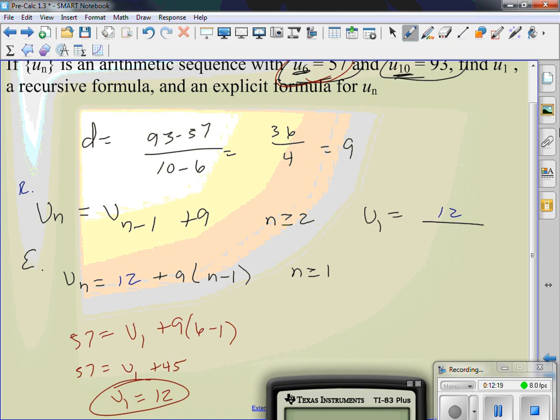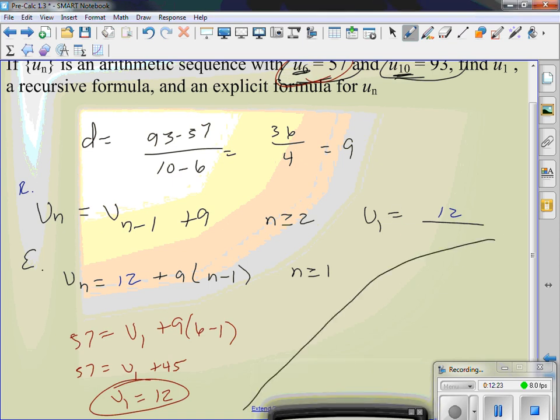The other way I could have done it is, instead of using this value, use this one, and it's set up the exact same way. 93 equals u sub 1 plus 9 times 10 minus 1.